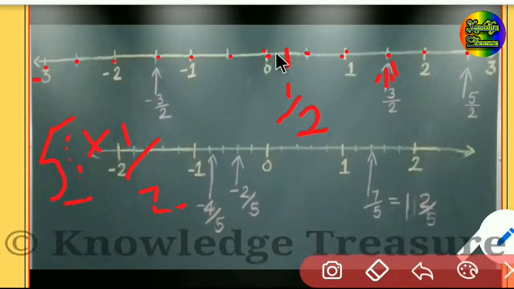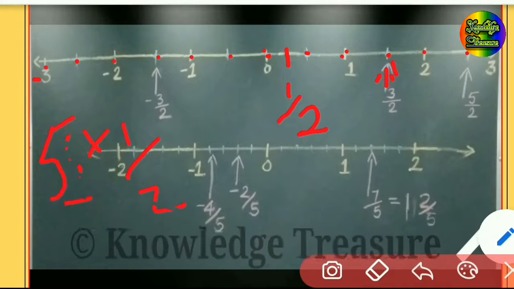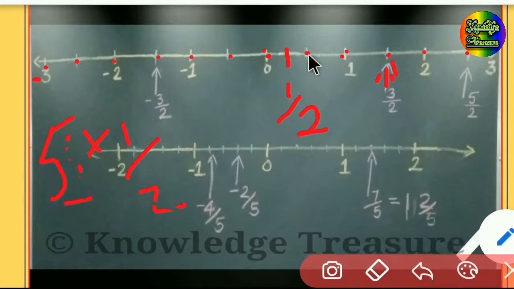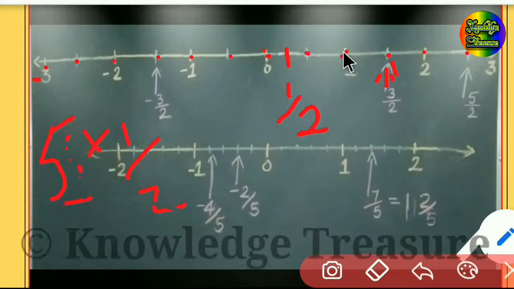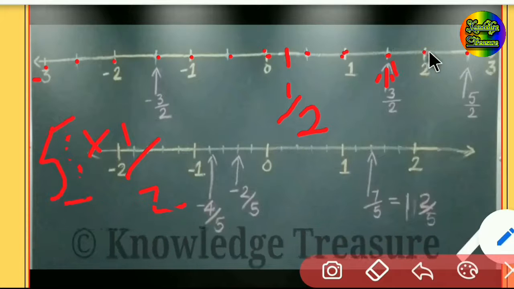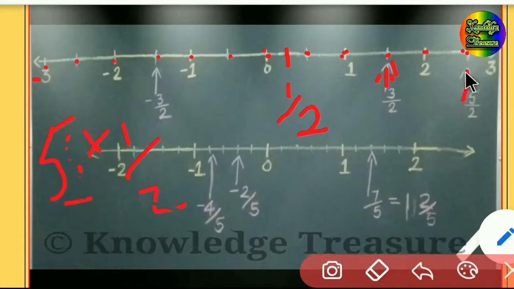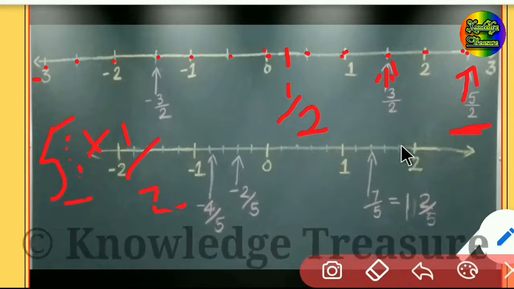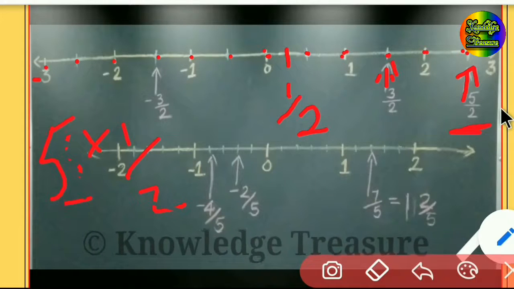This is 0. It is also a positive number, so we have to count on the right hand side. From 0, first point, second point, third point, fourth point and fifth point. Here is our number, that is nothing but 5 upon 2. Okay, we have shown 2 points, 3 upon 2 and 5 upon 2.